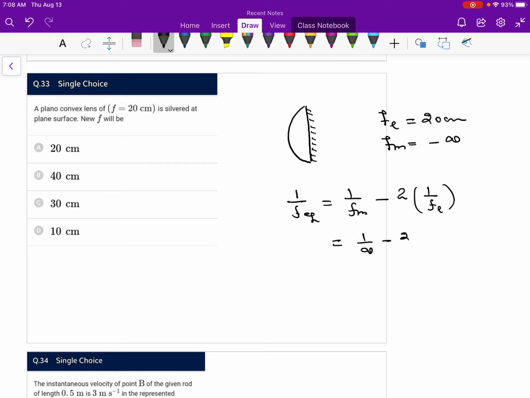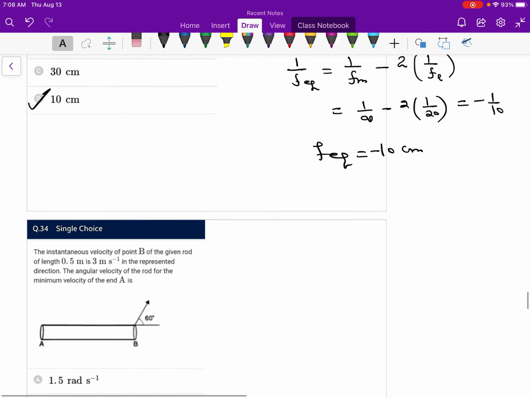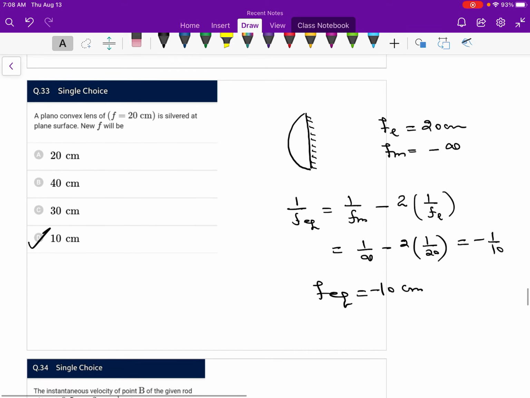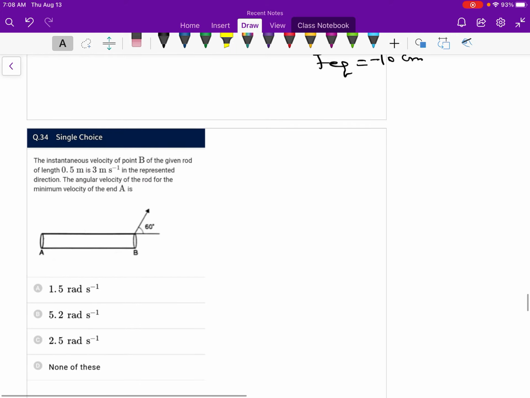So this is 1 upon infinity minus 2 times 1 upon 20, so that is minus 1 upon 10. So this system behaves as a converging mirror of focal length 10 centimeter. So answer should be 10 centimeter. There's a mistake in the solution given by the NTA. Answer should be 10 centimeter.